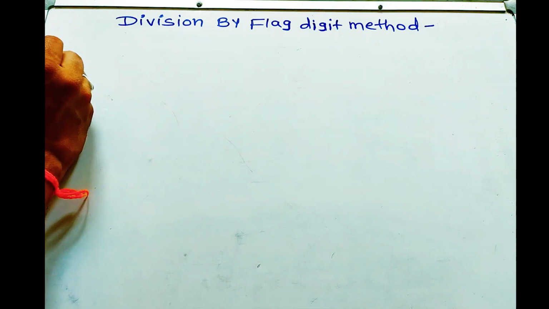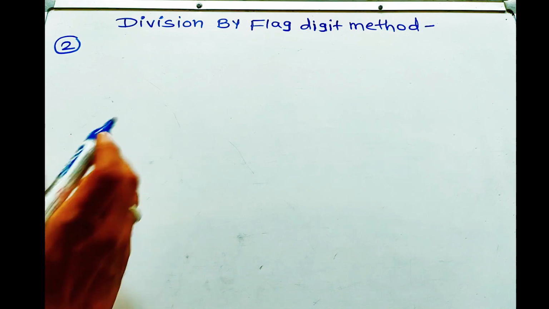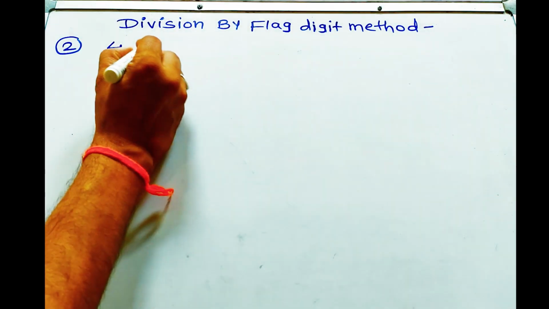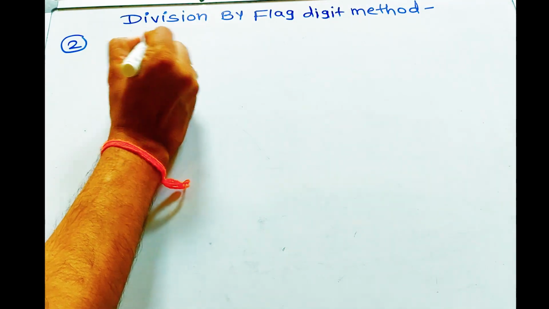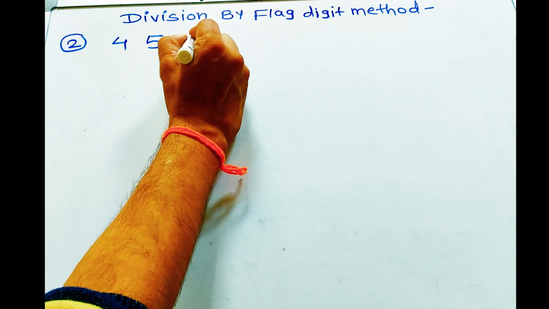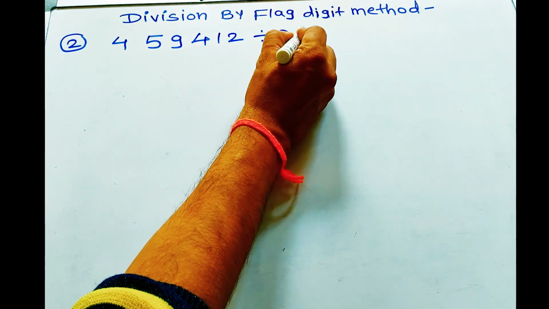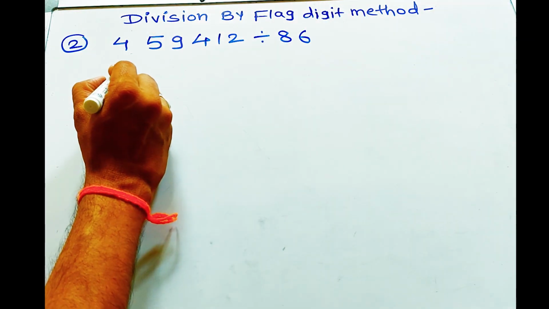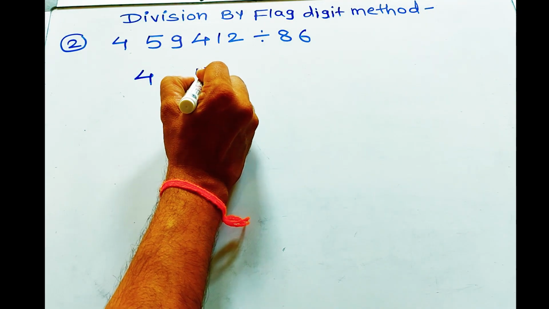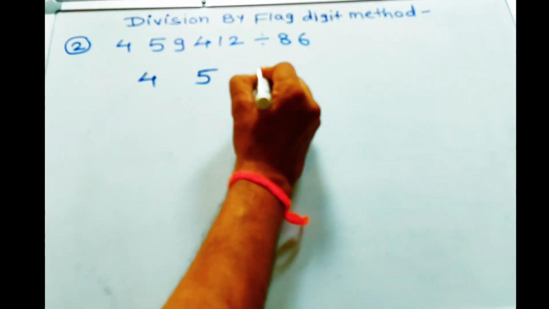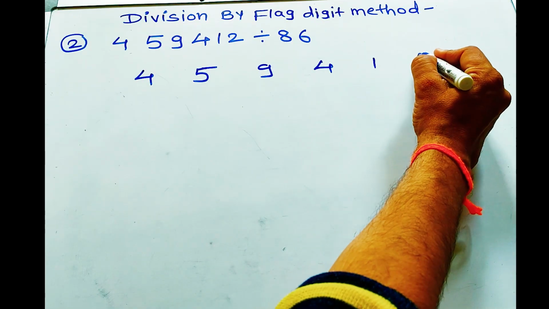See one more example, that is the second example: 4,59,412 divided by 86. Again the dividend we write in this way: 4, 5, 9, 4, 1, 2.